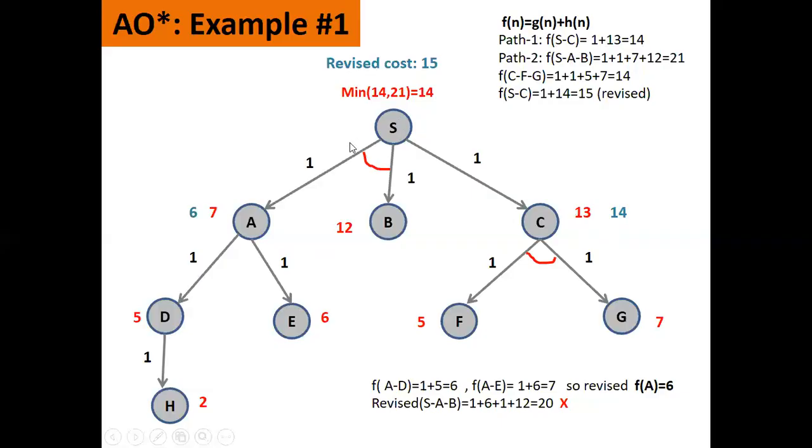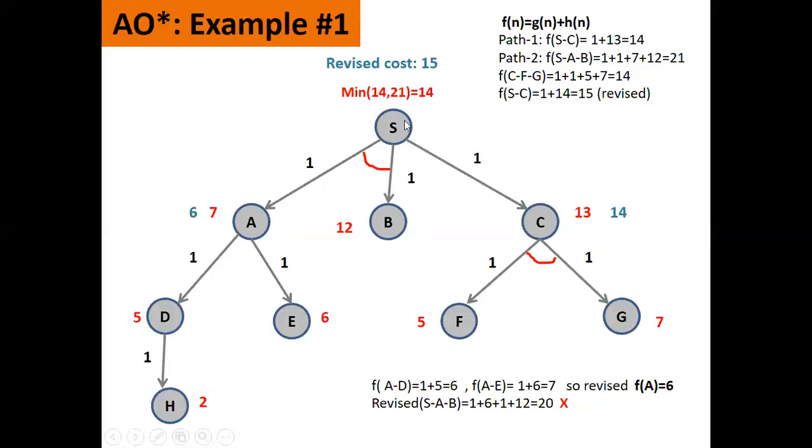Similarly, if I go to the second path, what is my path? S to A and S to B. All these three together form a single path. So how will I count? 1 actual cost here, 1 actual cost here, so 1 plus 1, 2. Then I have heuristic value of 7 for node A and 12 for node B. Applying the same function, 1 plus 1, 7 plus 12, that is 21.